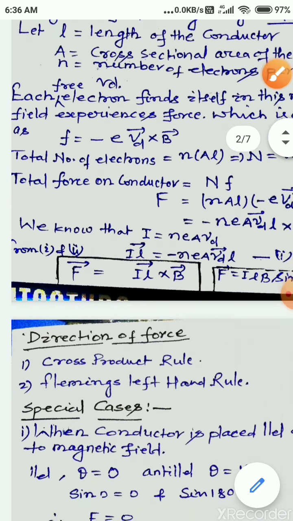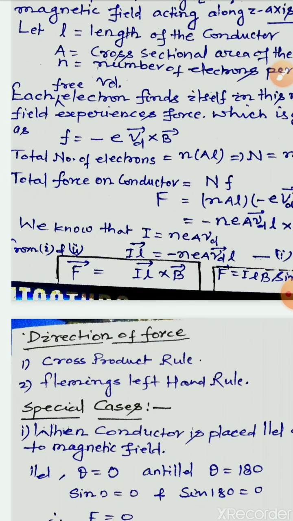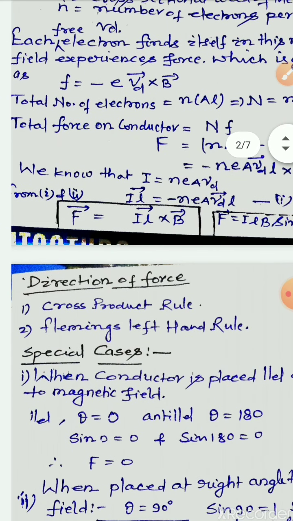Now, the direction of force can be determined by using either cross product rule or Fleming's left hand rule. According to the cross product rule, rotate a right-handed screw in the direction from IL vector to B vector. The direction in which it advances will be the direction of force.